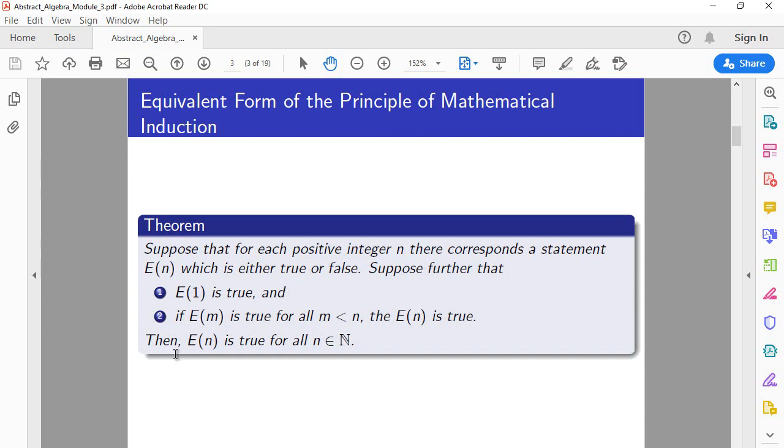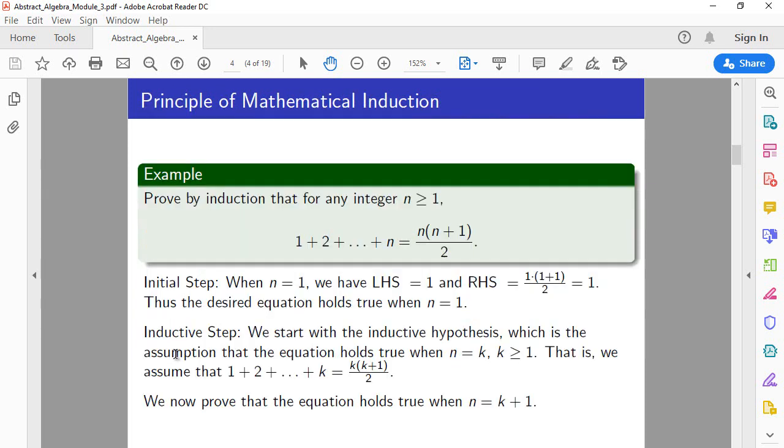Okay, so let's explain this further by using an example. Let's say we want to prove that for all integers n greater than or equal to 1, the sum 1 + 2 + ... + n is equal to n(n+1)/2. To prove this by induction, here's what we do.